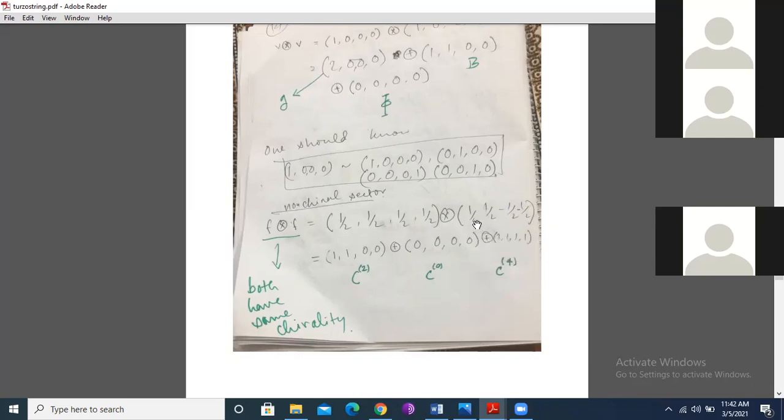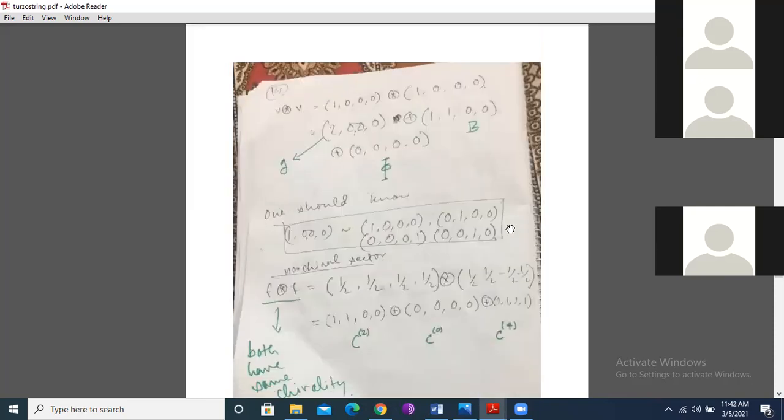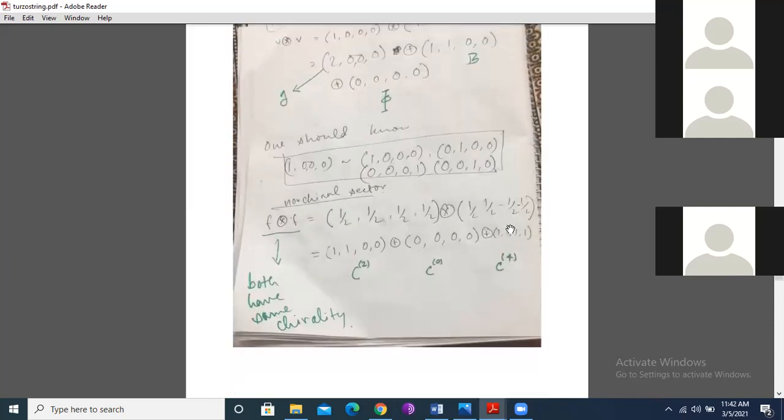And for this one, you can take this to be plus half, add them and get 1 1 1 1. If you try to do this algebra by hand, you will see that non-chiral times non-chiral gives only these three possibilities. There are no other possibilities. You can check it.